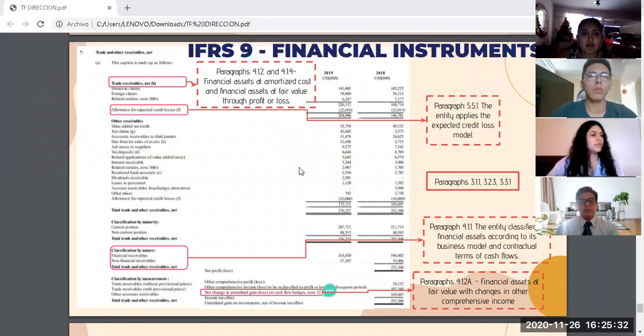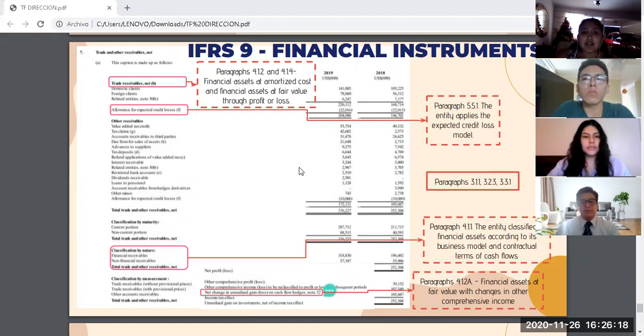Okay, so now I'm going to talk about financial instruments. The company complies with the standard by disclosing the recognition of financial assets and liabilities. Also, according to paragraph 4.1.1, it complies with classifying financial assets according to its business model and the contractual terms of cash flow. First, financial assets at amortized cost and financial assets at fair value through profit or loss apply to miscellaneous accounts receivable included in the caption trade and miscellaneous accounts receivable, net.